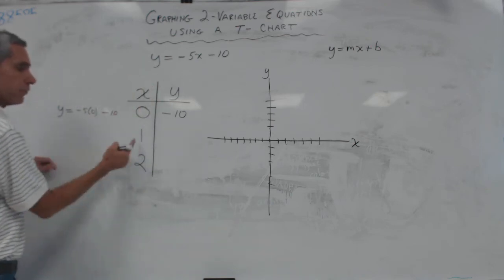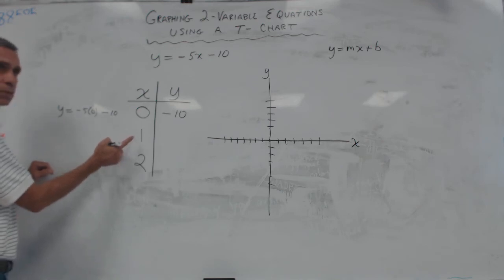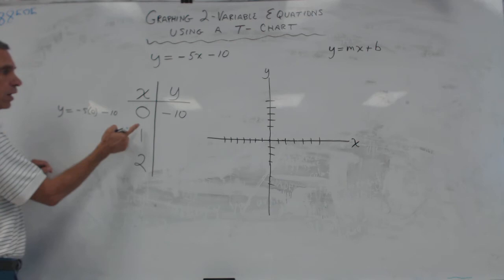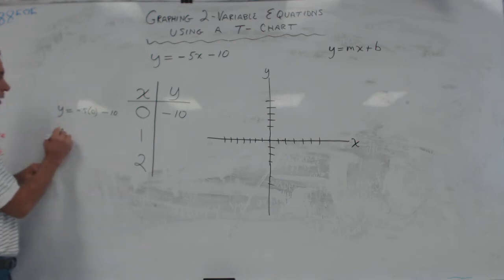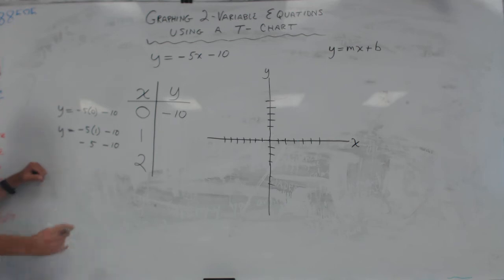So now, if x is 1, y is equal to negative 5 times 1 minus 10. I've got a negative 5 and I've got a negative 10. It makes negative 15.